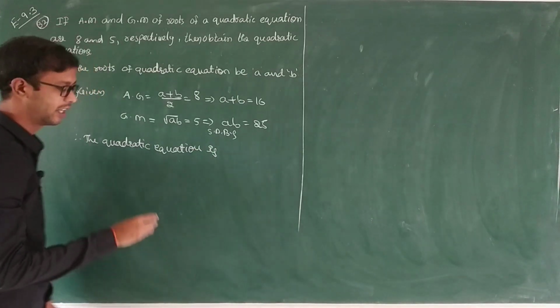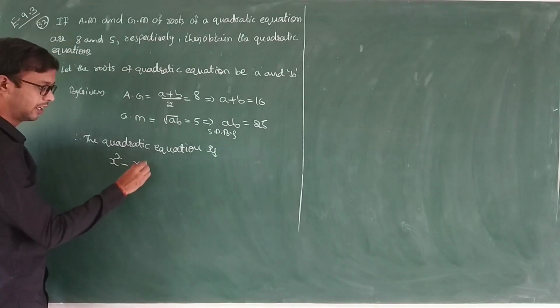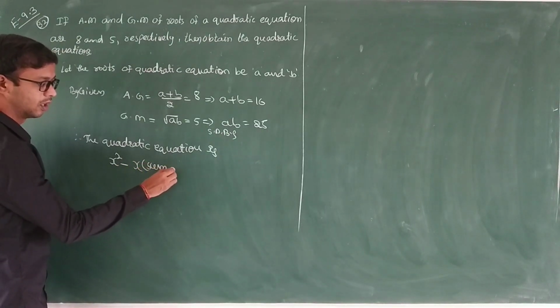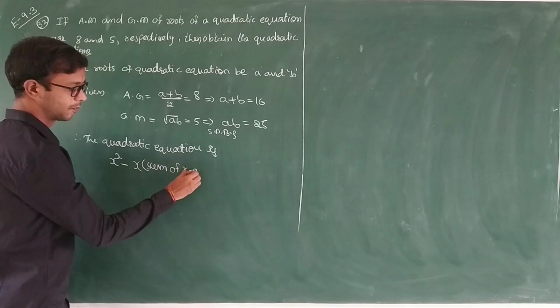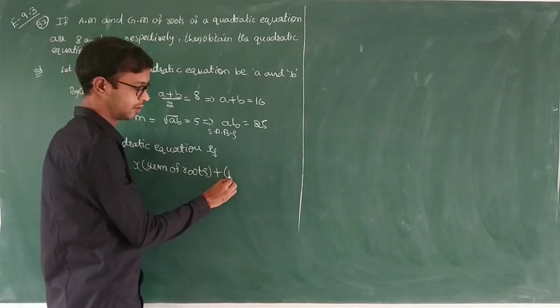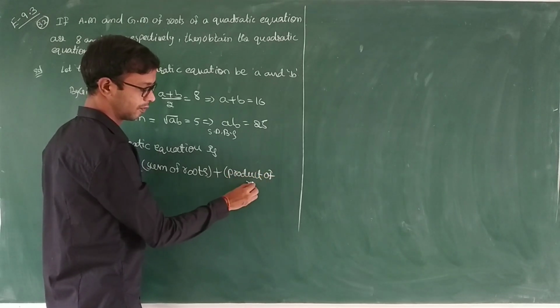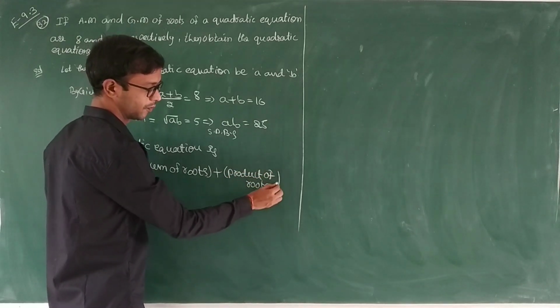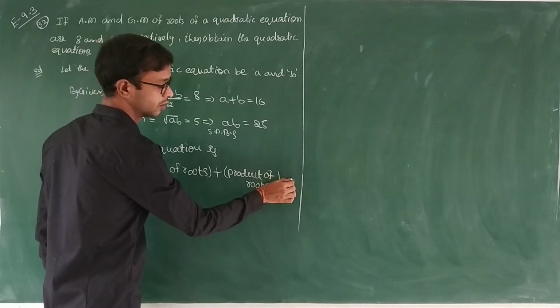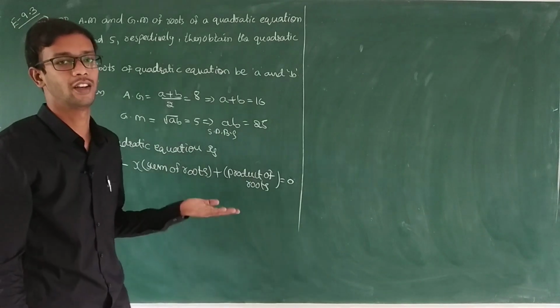The general quadratic equation I am writing here: x square minus x into the sum of roots plus the product of roots is equal to 0. This is the standard quadratic equation.